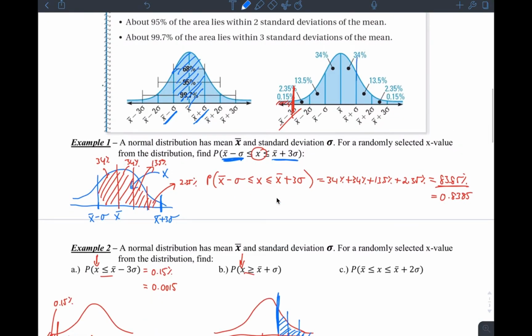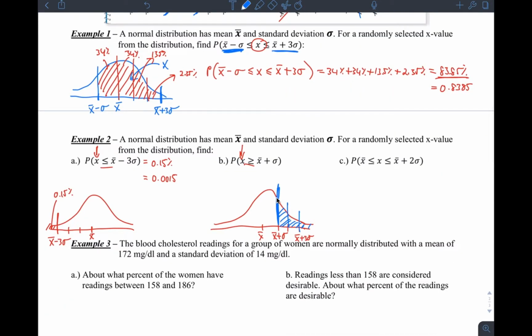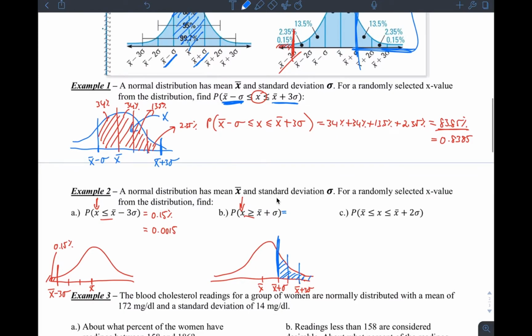Okay, so again up here, there's x bar plus sigma, and it's these 3 pieces of information here that make up your solution. So basically you're saying the first little sliver is 13.5%. This little piece here is 2.35%, and this little piece here is 0.15%.